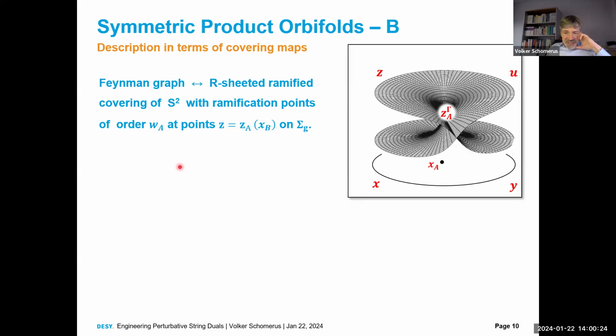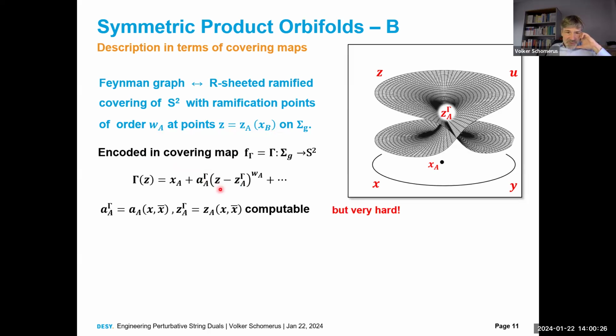And of course, these ramified coverings you can then describe in terms of what's called the covering map. So that means that there's a map. I should maybe call it Γ, because I called Γ this Feynman diagram or these fat graphs that I described before, but I will identify this covering map with the graph itself and use the same letter Γ for that, because as I said, it's a one-to-one correspondence.